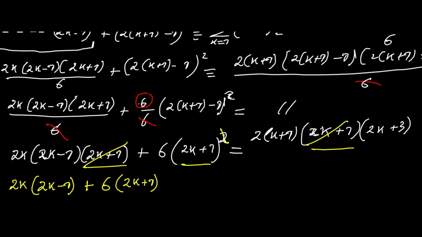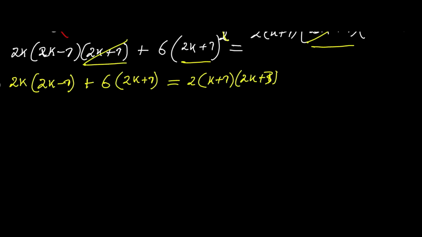Remember that it was squared, so when we cancel 2k plus 1 all through, we'll be left with one term. So this will be equivalent to 2 into k plus 1 times 2k plus 3. Good, so everything is boiling down to something reasonable.